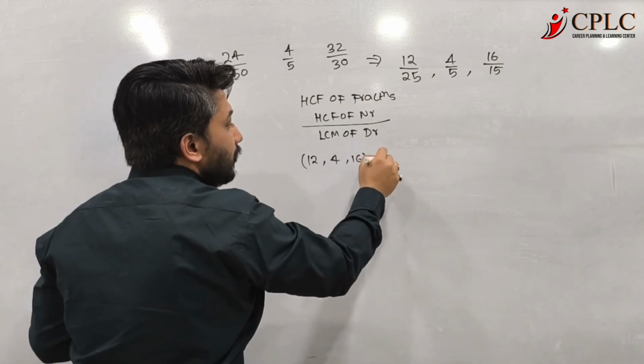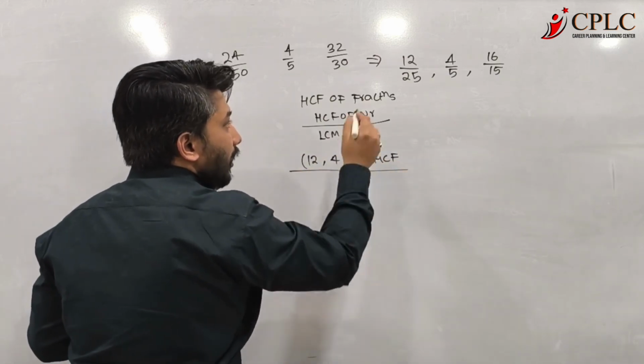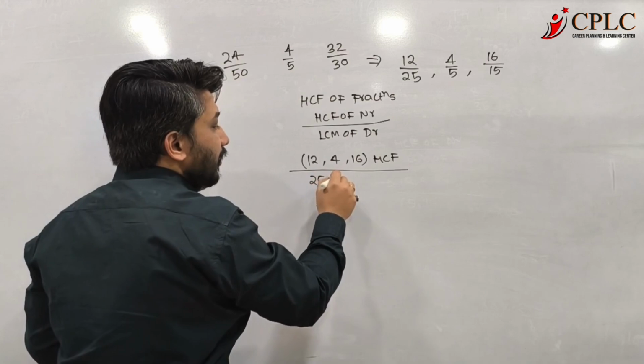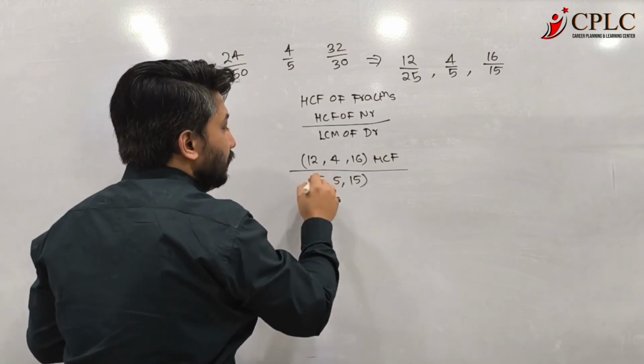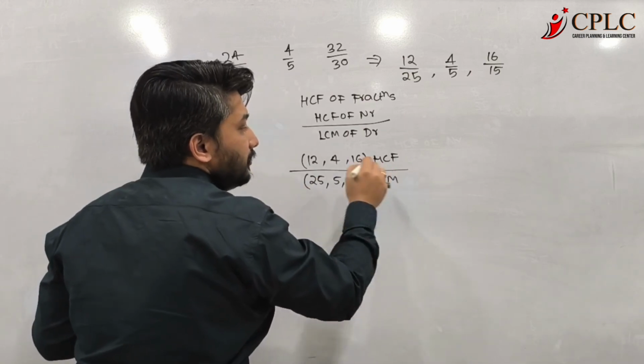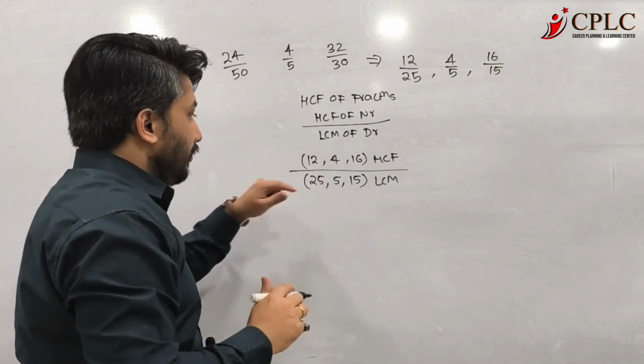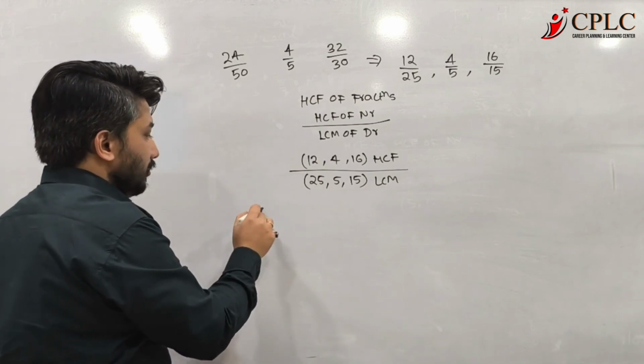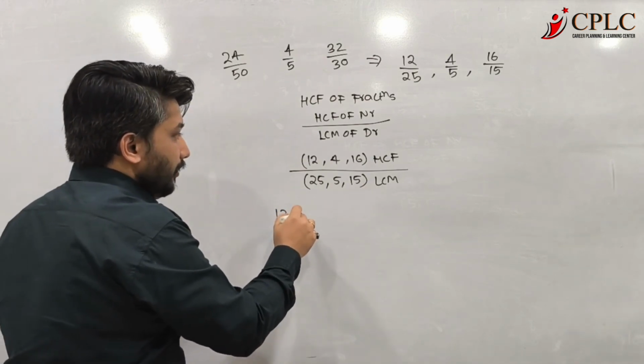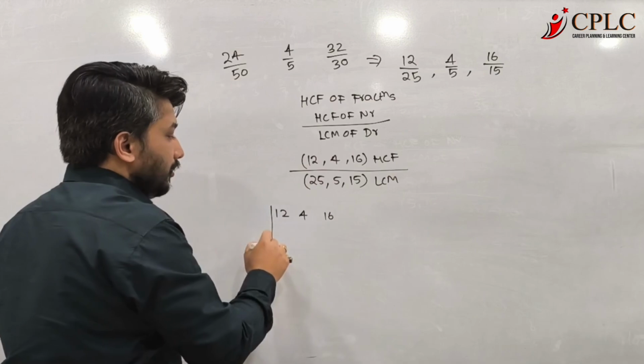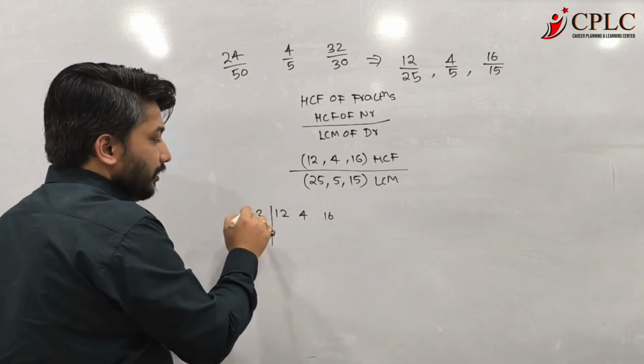We have to find out the HCF, and for 25, 5, 15, we have to find out the LCM for that matter.